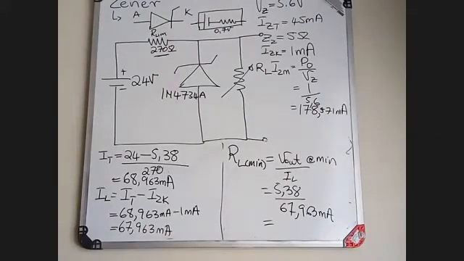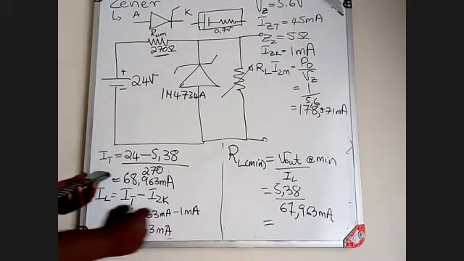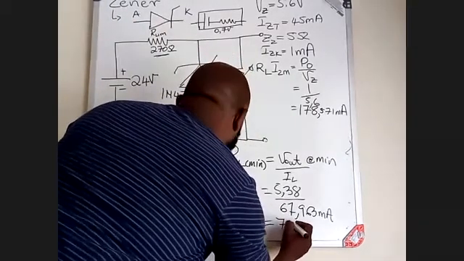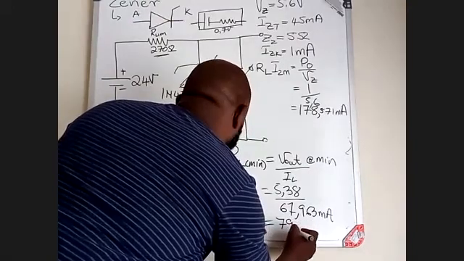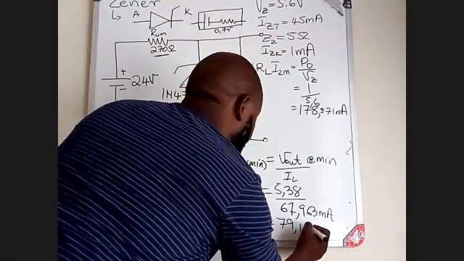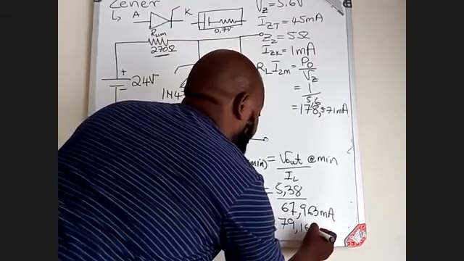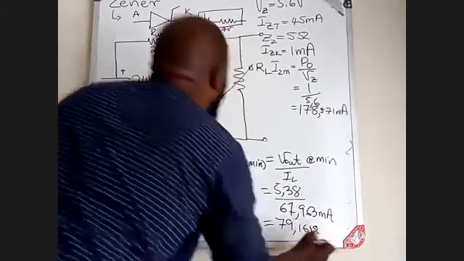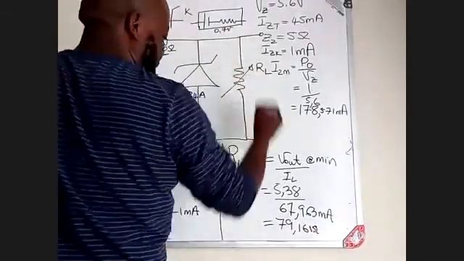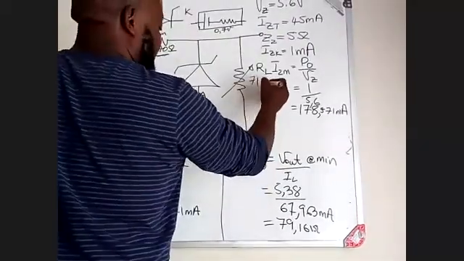Let me just also verify 67.963. Which is 79.161, which means the minimum is 79.